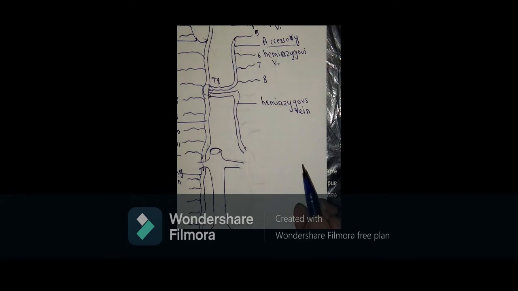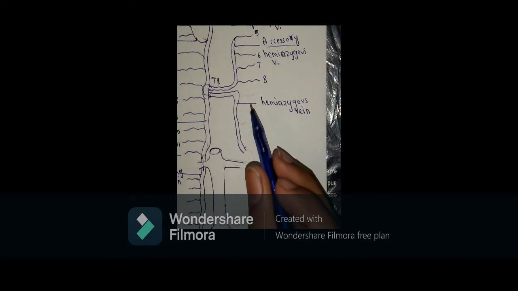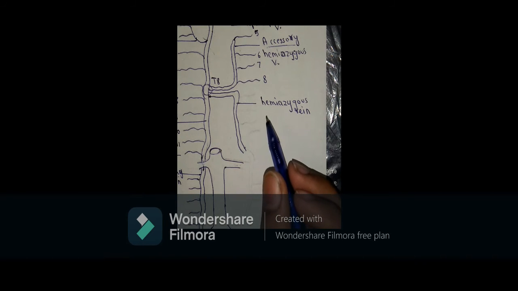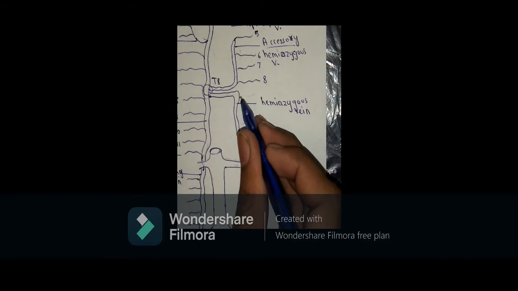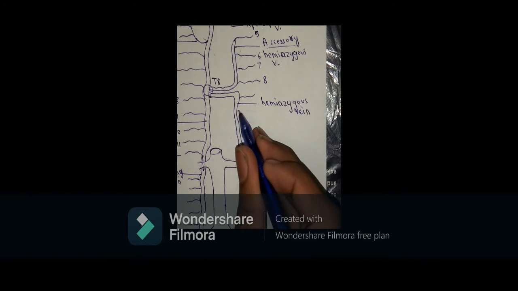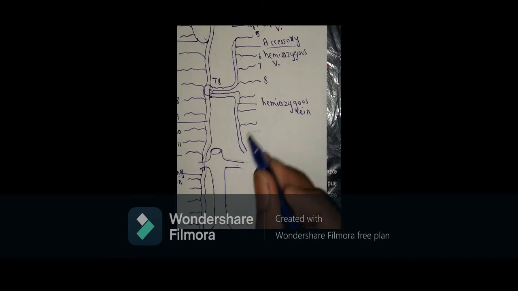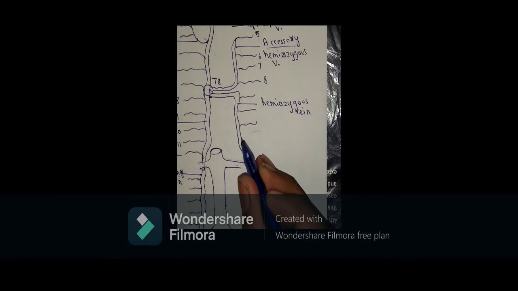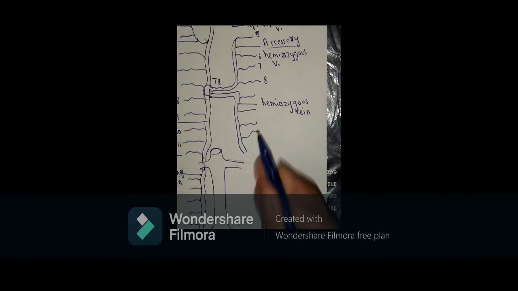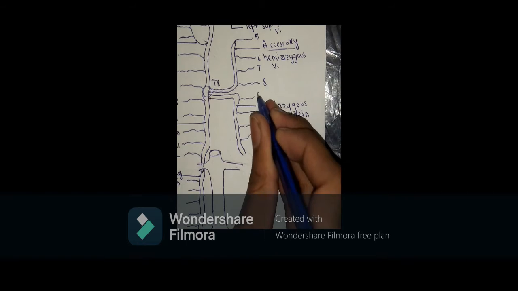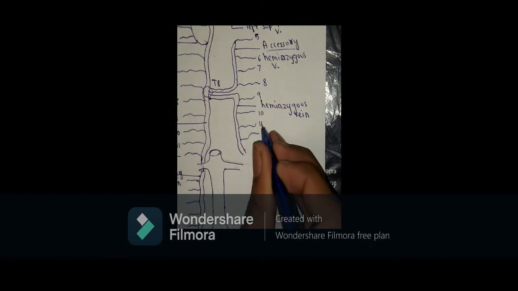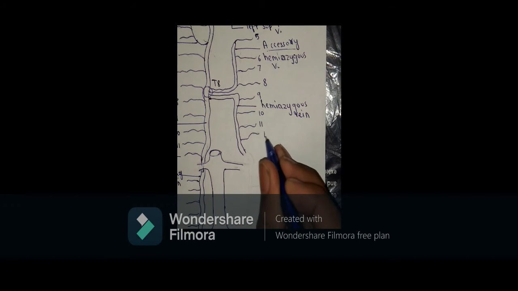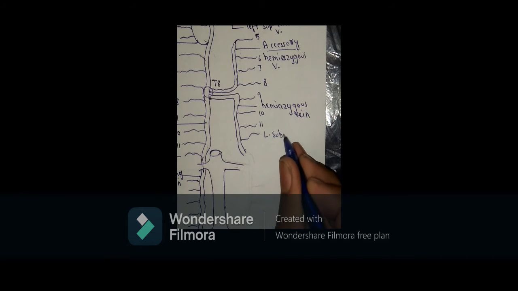This hemiazygous vein will give off the remaining posterior intercostal branches. So the 9th, 10th, 11th, and not the 12th but the subcostal vein. So this is the 9th, 10th, 11th, and this is the left subcostal vein.